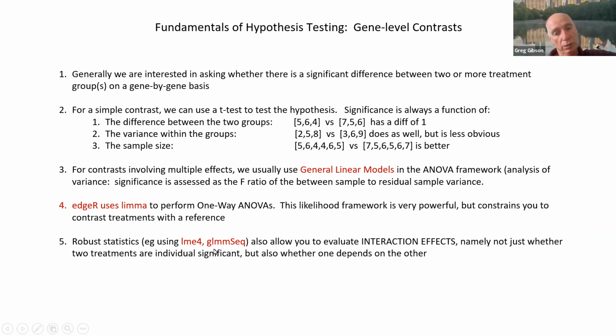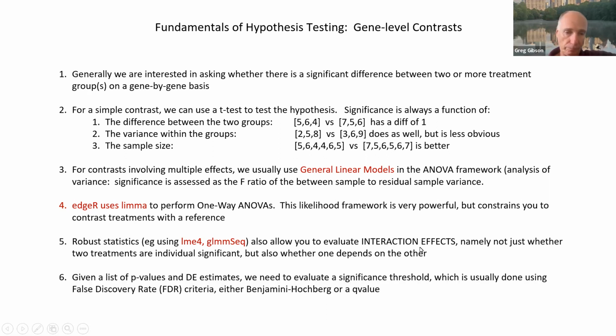But some of my students have also found software called GLMM-SEQ, or General Linear Mixed Model Seq, which implements lme4. If you just do it yourself, you need to write code to iterate it over all the genes. But GLMM-SEQ handles some complex models, including interaction effects.